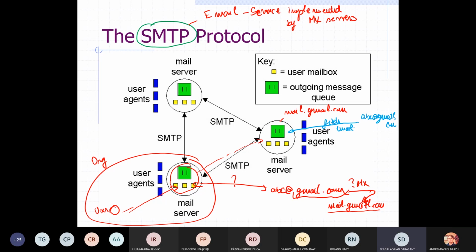So email without DNS is not possible, because you need to learn which one is the mail server for each domain that is on the right side of your email address after the @ sign. So on the left you have the user, and on the right you have the domain, which is identified by a mail server.